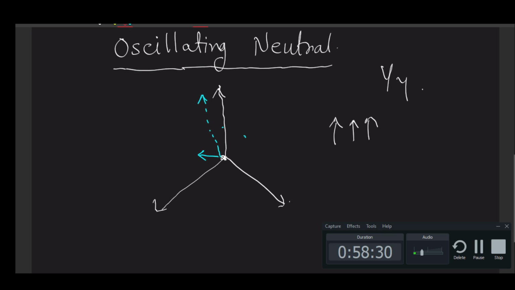Similarly for the B phase, the B phase zero sequence is also aligned in a similar way. So if you want to add them, you will get something like this, just by means of the parallelogram law of vector addition, you can figure out their resultant.